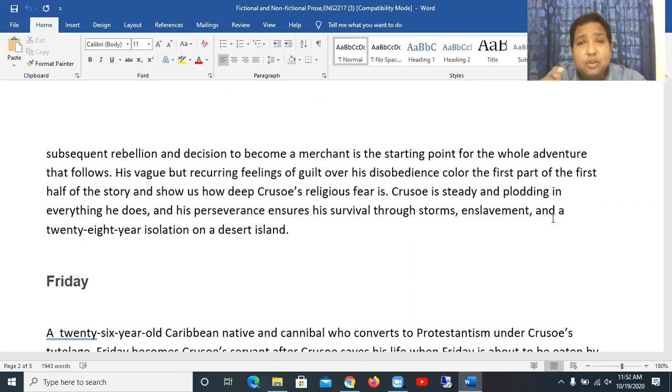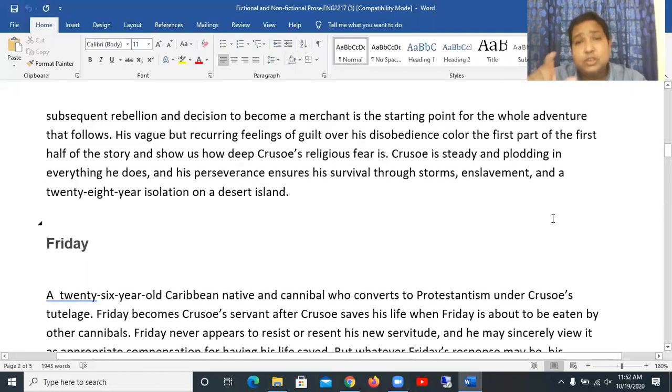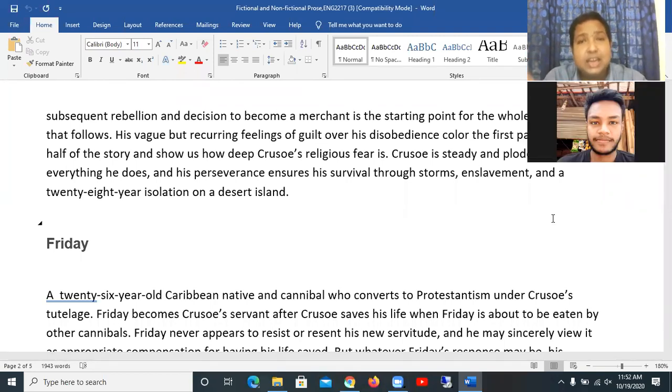You have to remain faithful to your religion. You have to think positively. And because of his positivity, because of his thinking, he survived the deserted island, and he was able to survive for 28 long years on that island, and finally he returned to England.